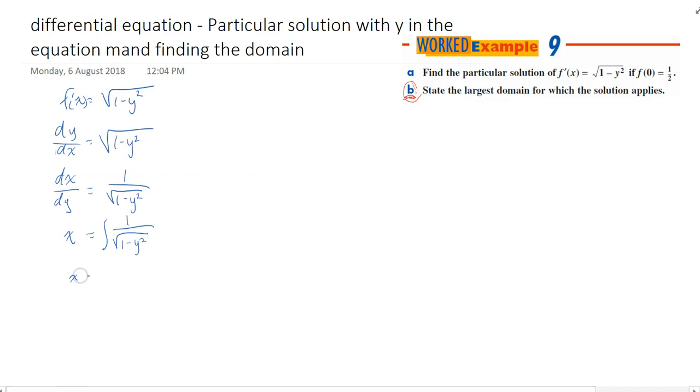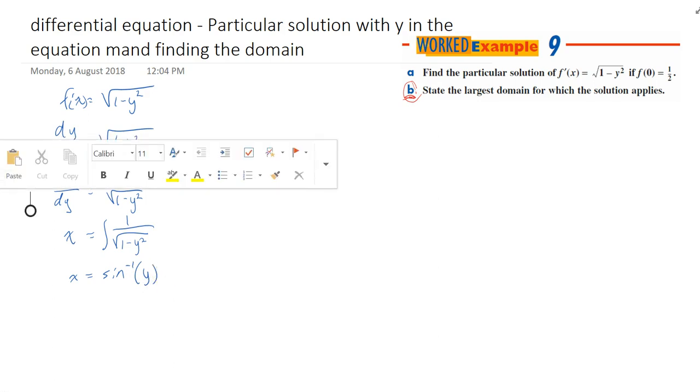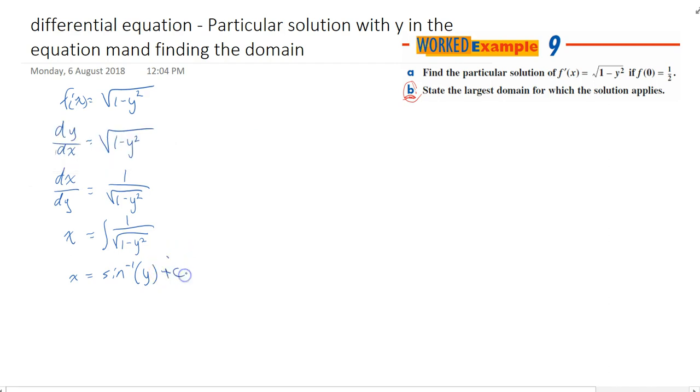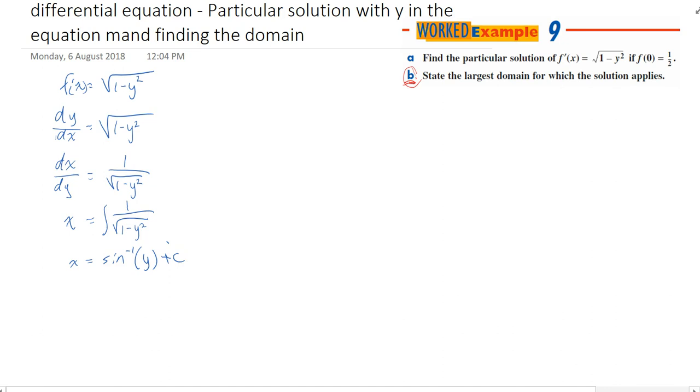So we've got a solution just waiting for us, sine inverse, so it's going to be y on, in this case, 1, so just y actually. y on 1 is just going to be y, and then a plus c.